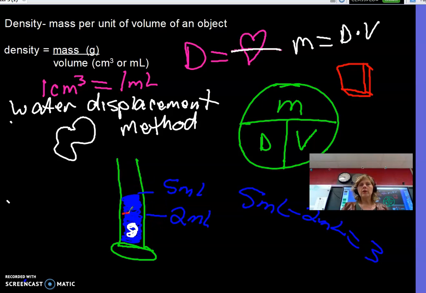I measure my water level, maybe it was right here, and then I drop my little nugget of whatever I'm working with, and I measure the new water level, and then I find the difference between what it was before I added the object and after I added the object. And that change in volume must be because of the volume of my object. There's no other variables. So that's called the water displacement method.